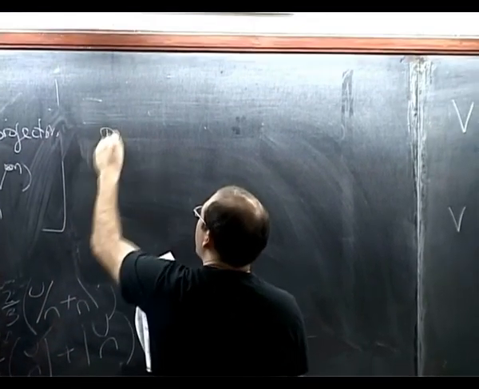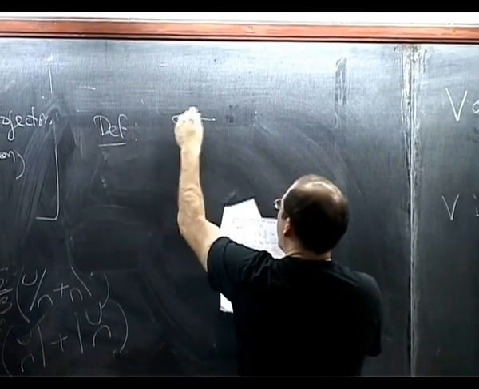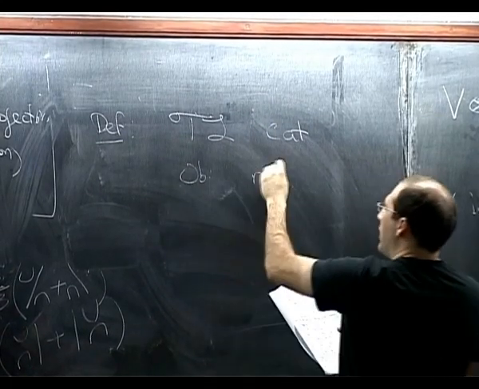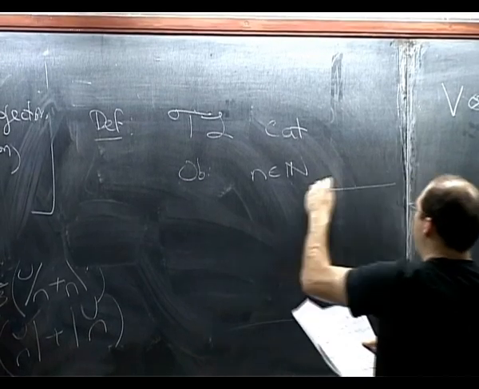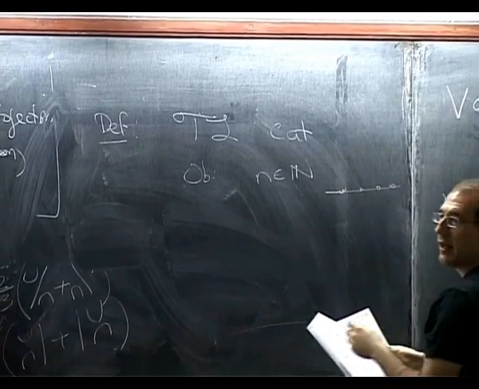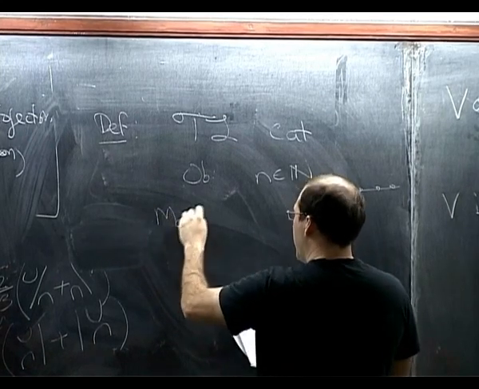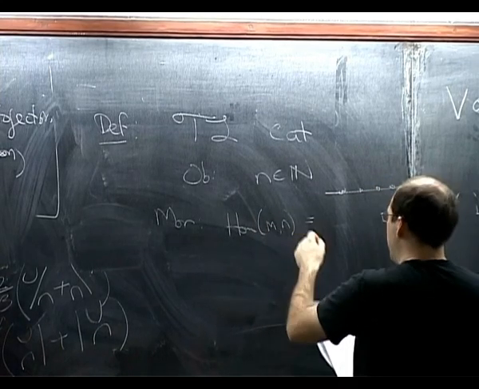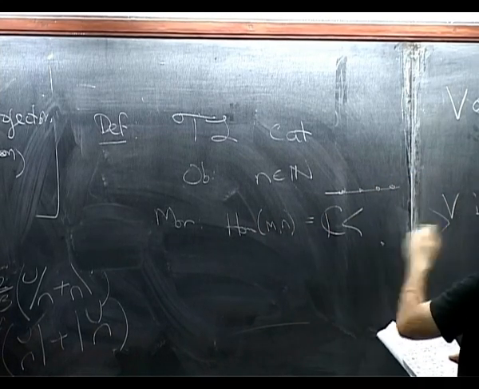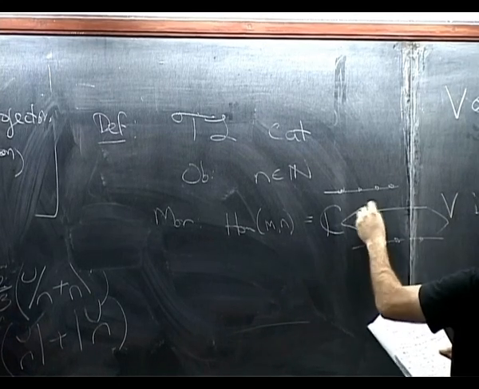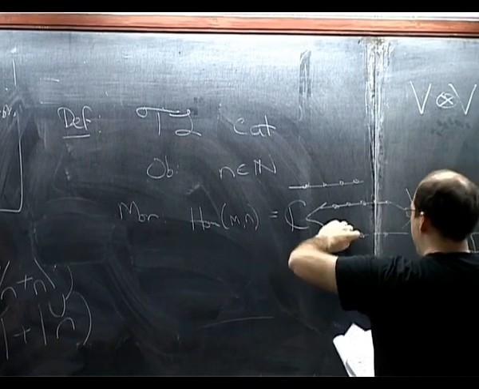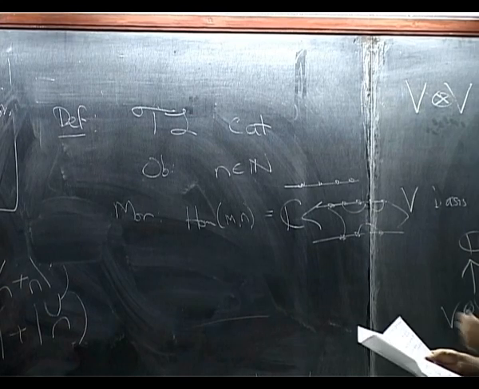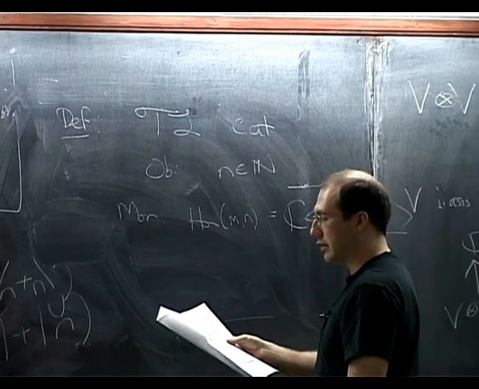The point is that you can define this category, the Temperley-Lieb category, where the objects are natural numbers represented as n dots on a line, and the morphisms, Hom from m to n, have a basis given by one-manifold matchings from m dots to n dots, with multiplication given by composition modulo those relations.